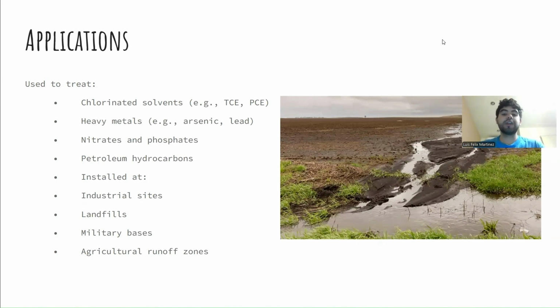We also have design and engineering flexibility: vertically to intercept horizontal groundwater flow, horizontally for shallow contaminants, and funnel and gate systems.